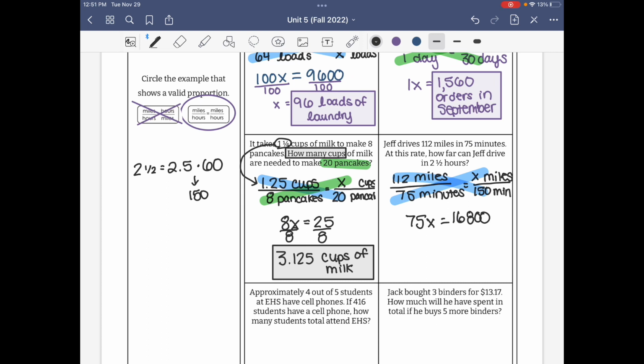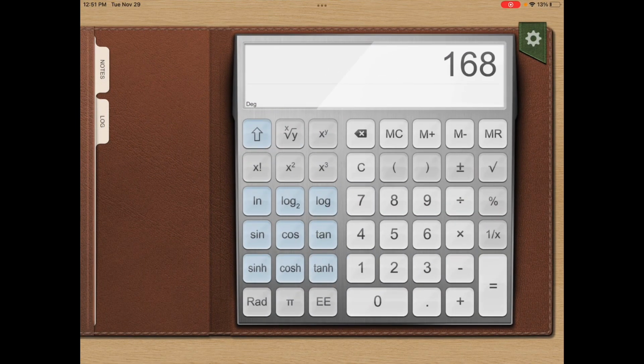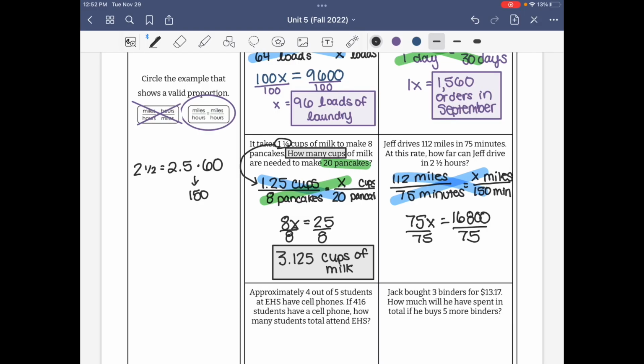Then I divide by 75 on both sides. 16,800 divided by 75 is 224. So if he goes 112 miles in 75 minutes, he can go 224 miles in 2.5 hours.